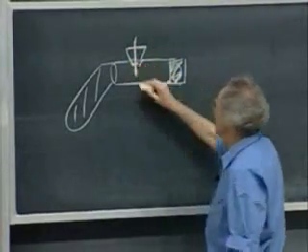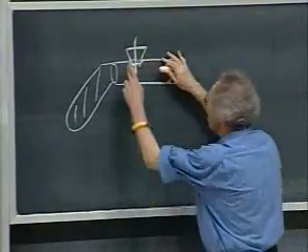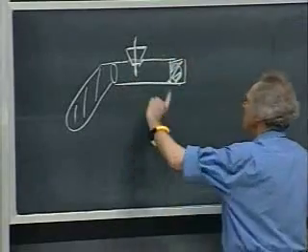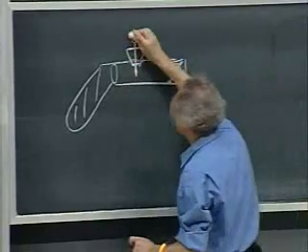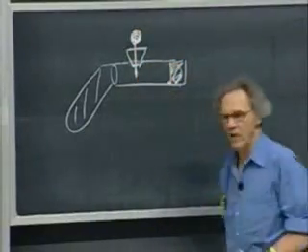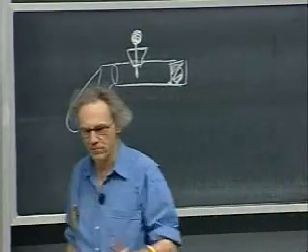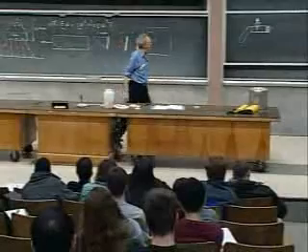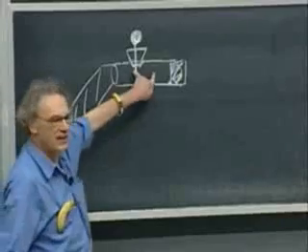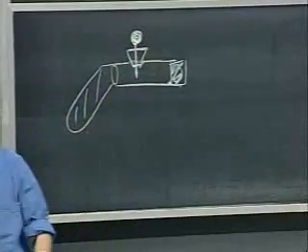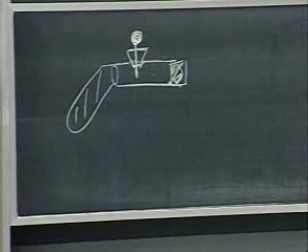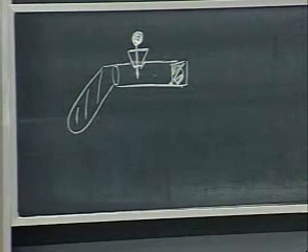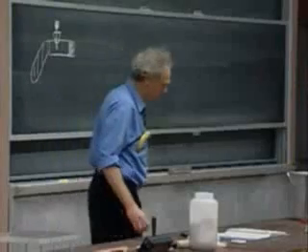This pin was completely insulated from the barrel, the conducting barrel, and then they would put some charge on here so that the spark would fly over there. This is really the precursor of the spark plug that we have in our cars. It's no different. If indeed there was this marsh gas in there, there might be an explosion, and that was a warning that there may be danger for the soldiers.